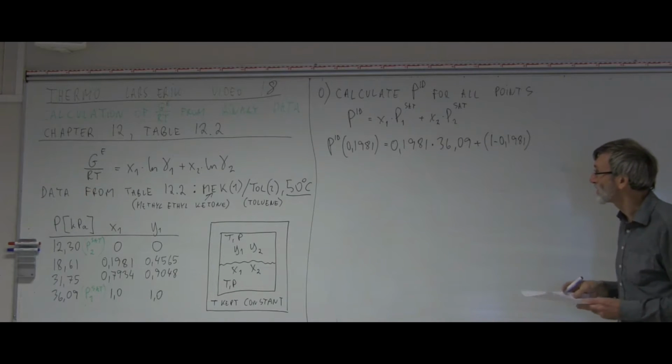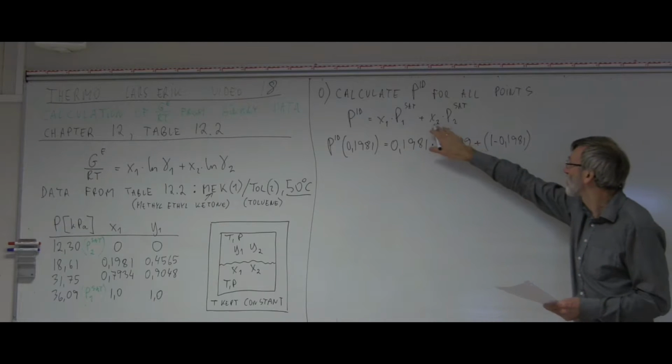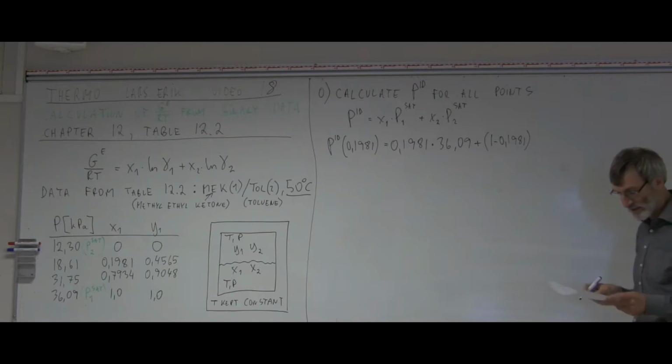This is a binary system, so x2 must be 1 minus x1.